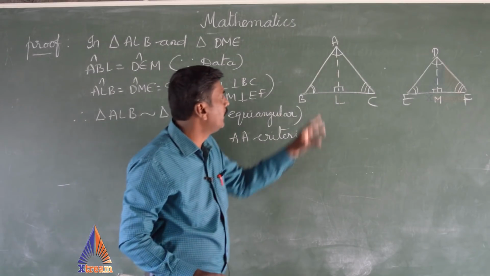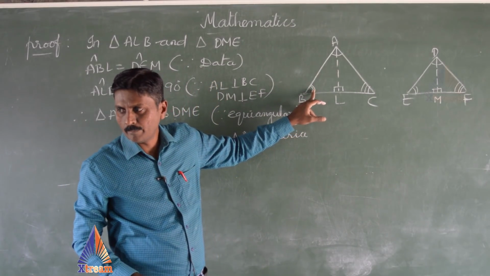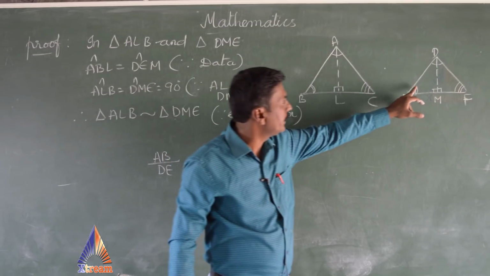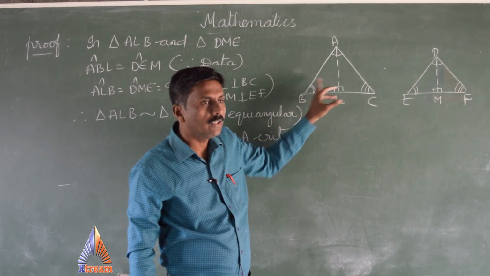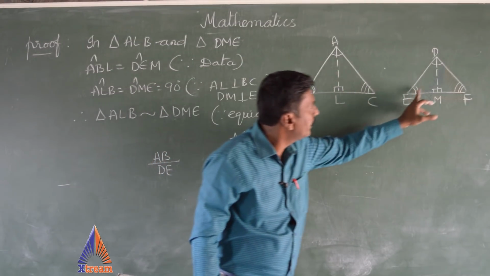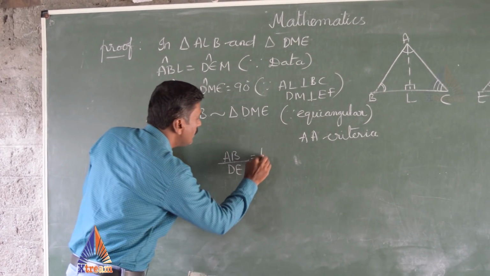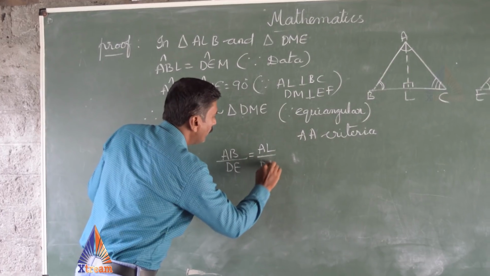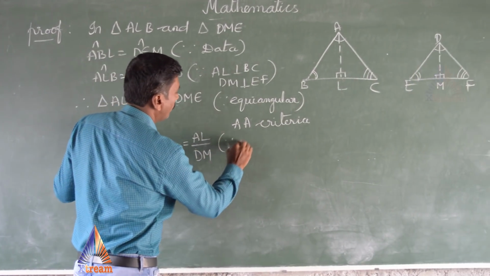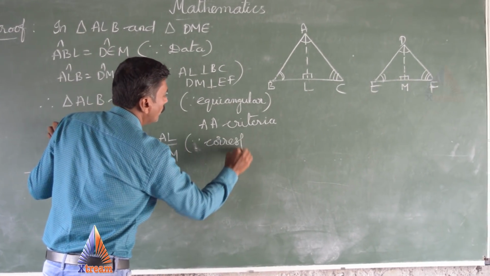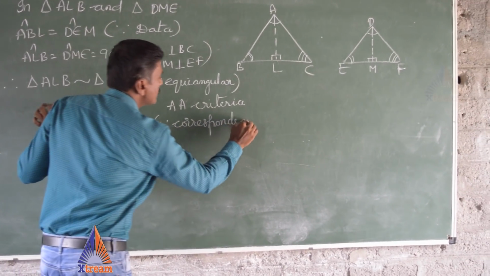Next, these two angles are equal. What is the side opposite to it? AL, and here DM. This is another pair of corresponding angles. AB by DE is equal to AL by DM. Corresponding sides.